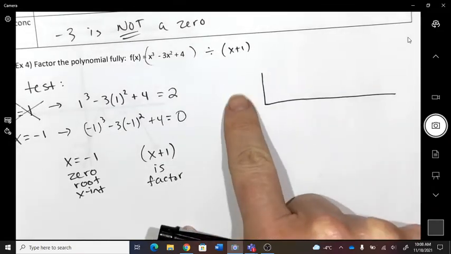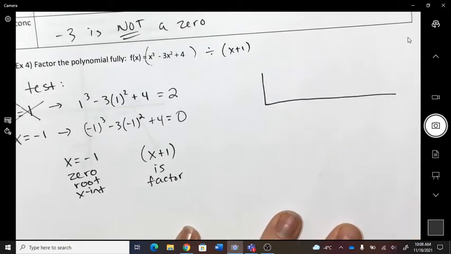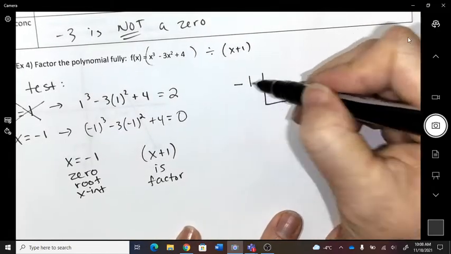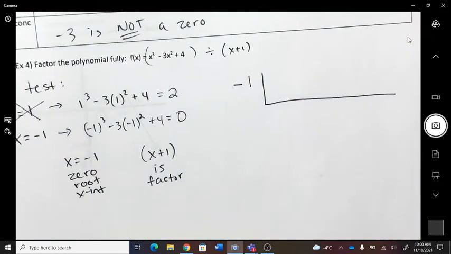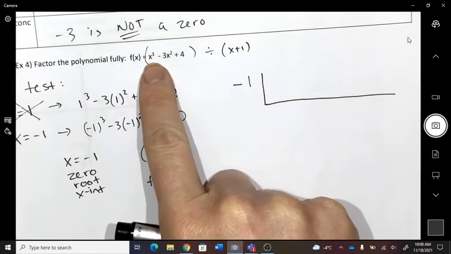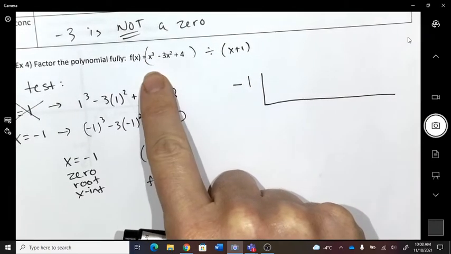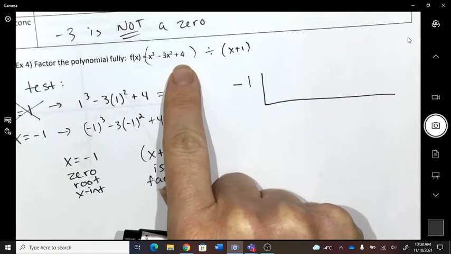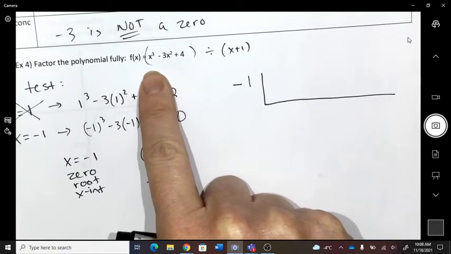What am I going to put on the outside? Negative 1. Now I'm going to go into this polynomial and write down all of the coefficients. Are they in the order I want, or do I need any 0 replacements?